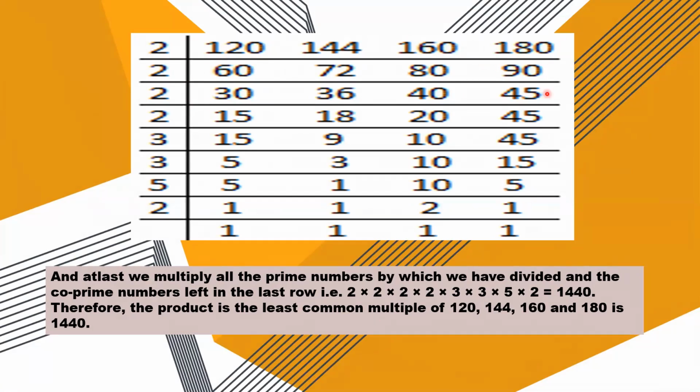And in the third row, only 45 cannot be divided by 2, so it is brought down as it is. And in this fourth row, only 15 and 45 cannot be divided by 2, so these are brought down only. And then in the fifth row, we divide all these numbers by 3, but 10 cannot be divided.